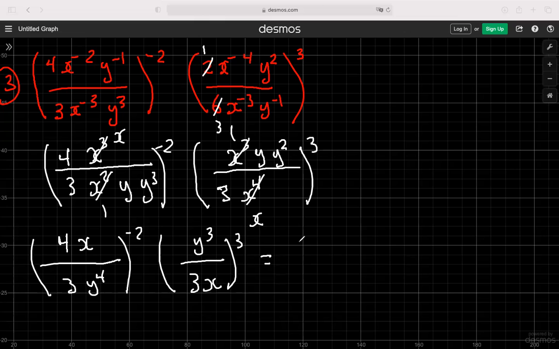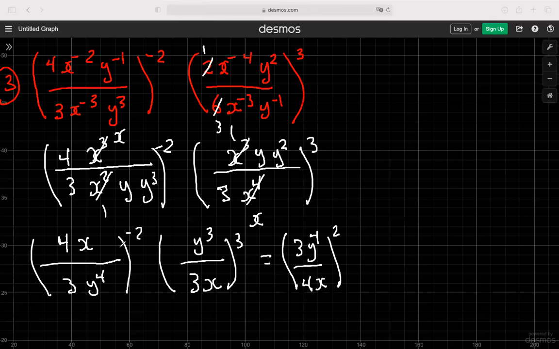Which gives me, now here, and this one here, I'm going to flip, make the exponent positive. So that will give me 4, flip again, so will give me 3y to the 4 over 4x. And then this exponent becomes positive.